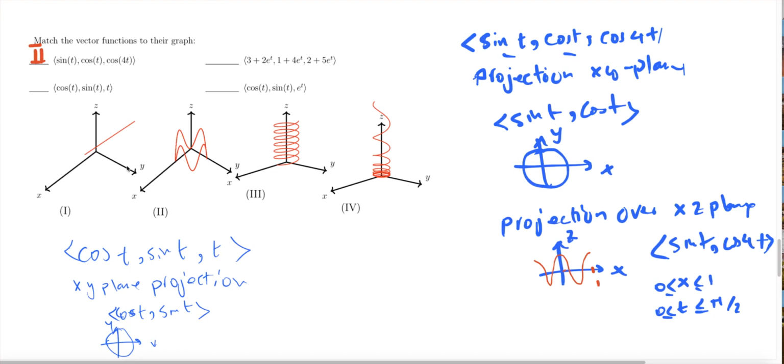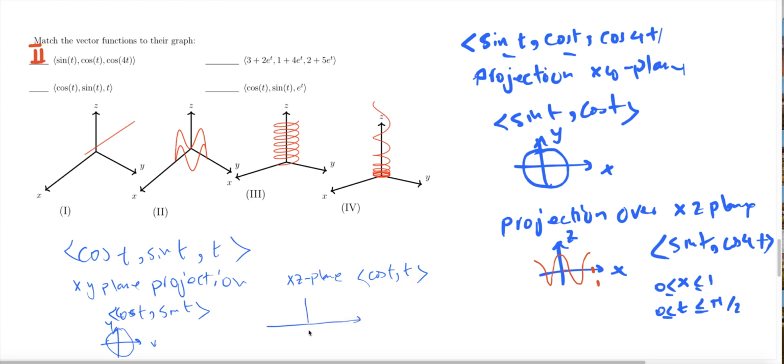So it's in a circle, and then what you need to do is maybe the xz plane or yz plane. Those are the ones that are kind of similar. So the xz plane will be cosine of t and t.